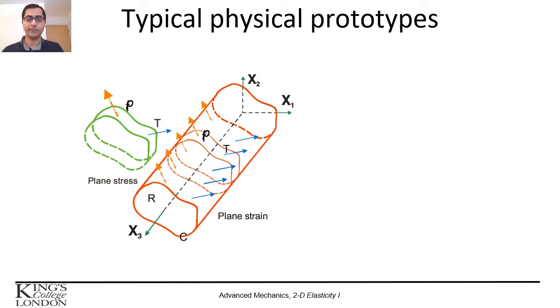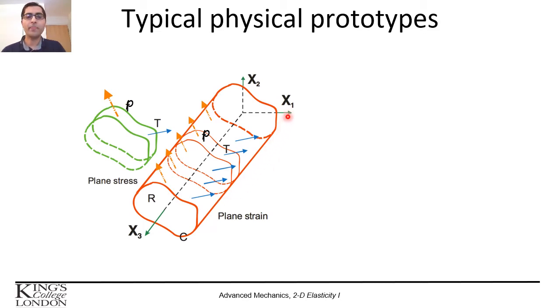Now the case of plane strain. See this red body. You essentially see that the green plate is basically cut through this extruded red body, right?